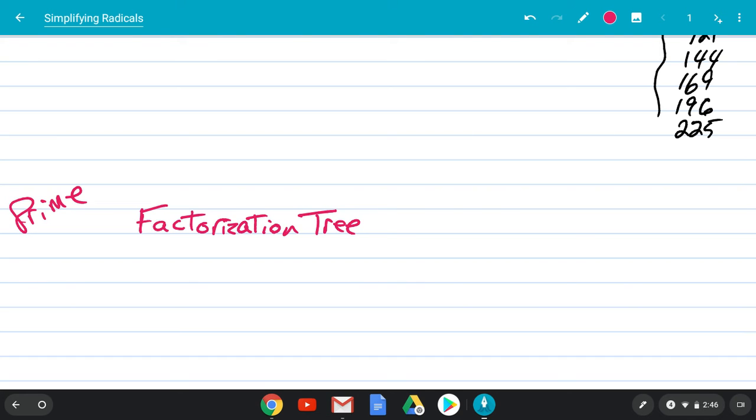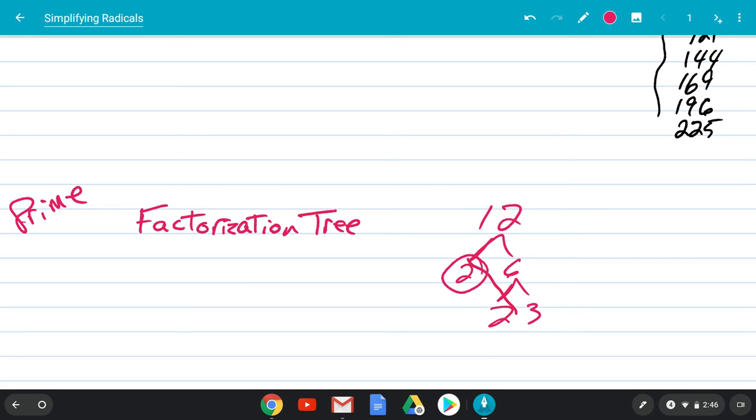And if you do, that's good. So let's take 12. Factor that apart until you get all prime numbers. Well, give me 2 factors of 12. Well, I could have 2 and 6. And then that 2 is prime, so it's good. And then 6 can be factored apart to be 2 times 3.